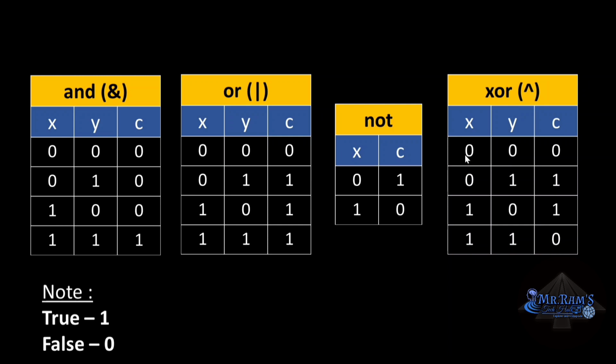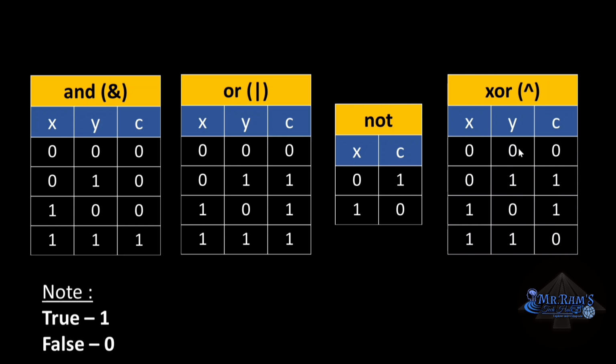If both inputs are 0 and 0, the result will be 0. If both inputs are true and true, the result is also 0 only. If any one of them is true, then only the result will be true. If both are true the result is false, and if both are false the result is false. That is XOR. Clear about it?